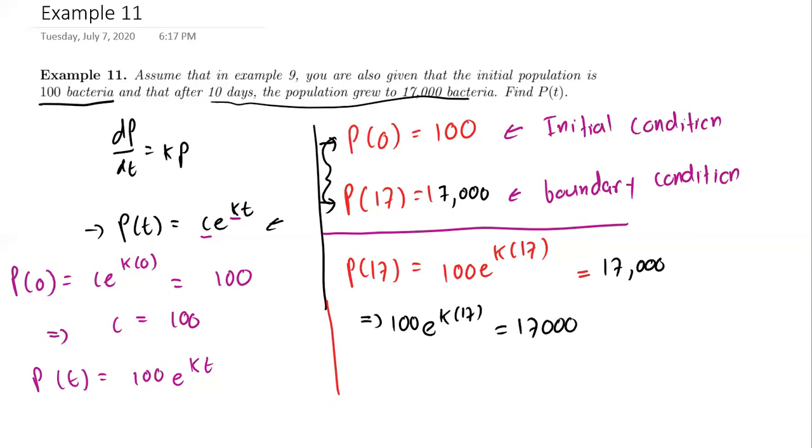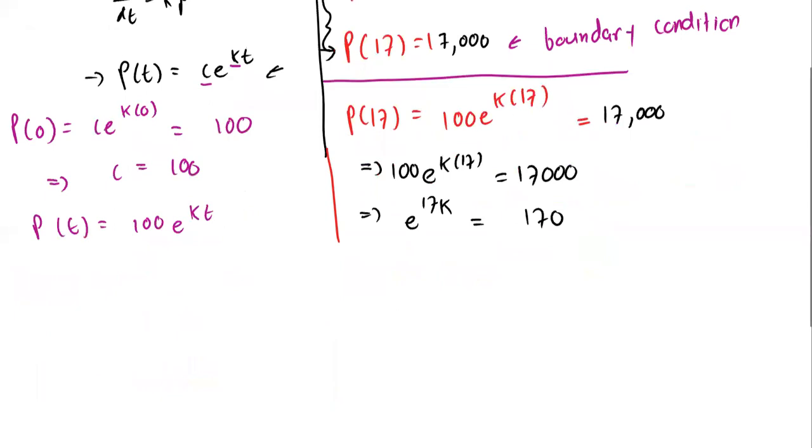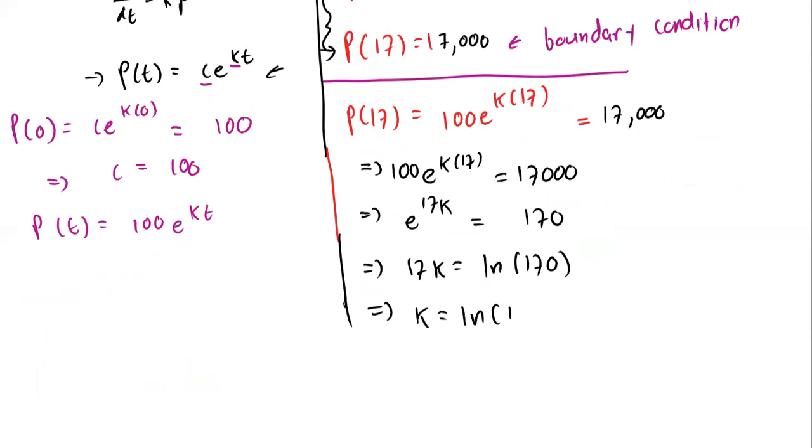Divide both sides by 100. So e to the 17k equals 170. Let's just cut off 2 zeros. Take the natural log of both sides to undo the exponential, since they're inverse functions. So 17 times k equals the natural log of 170. Finally, divide both sides by 17, and that's k.